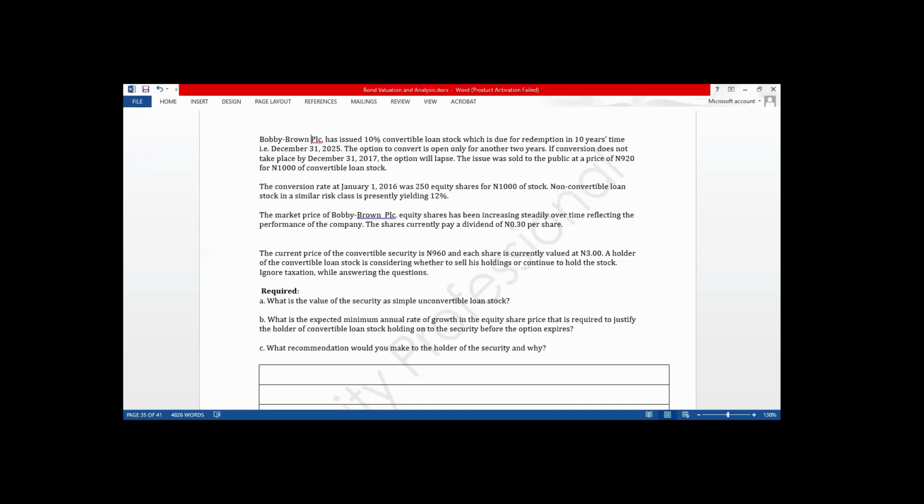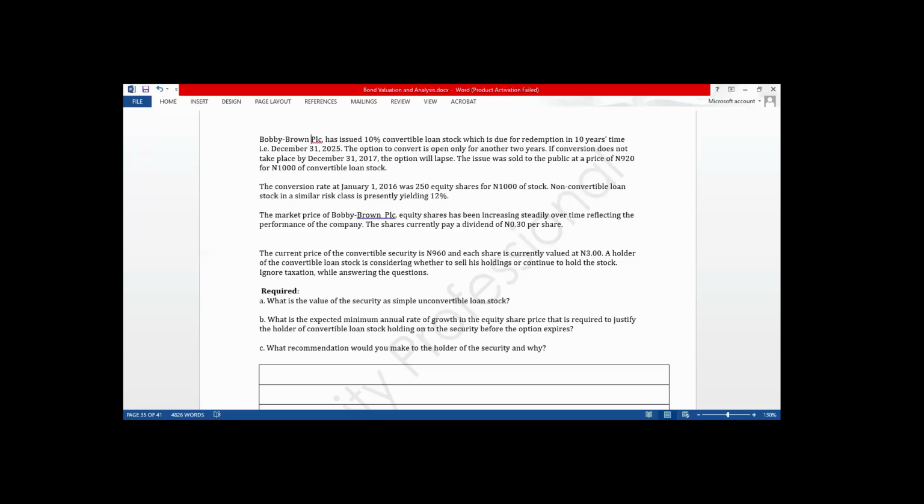The conversion rate at January 1st, 2016 was 250 equity shares for 1,000 naira of stock. A non-convertible loan stock in a similar risk class is presently yielding 12%.